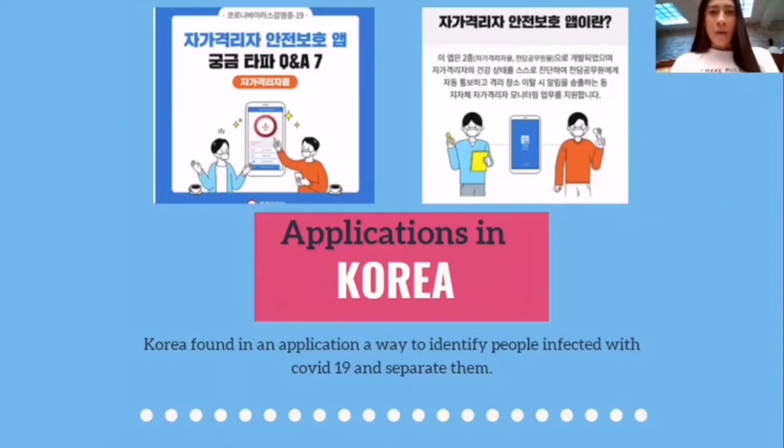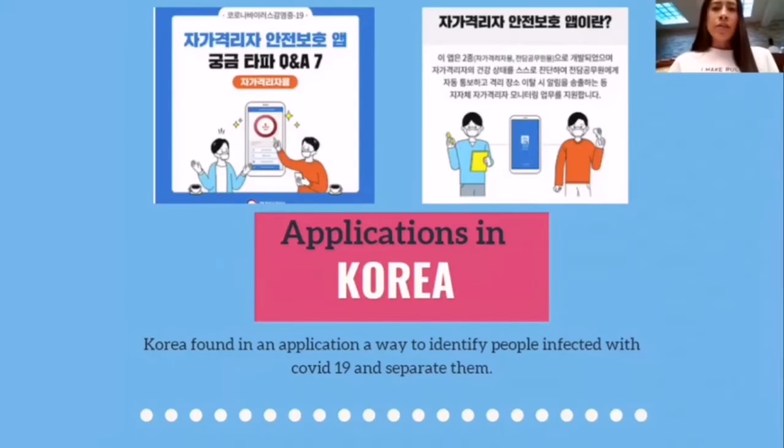We currently know one of the countries that made technology an important ally to flatten the growth curve of infected people was Korea, which found in applications a way to identify and control infected people and separate them.